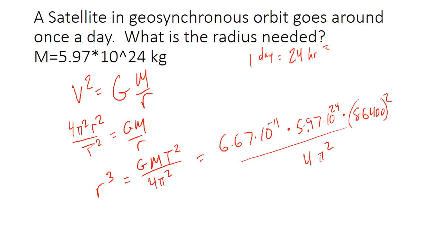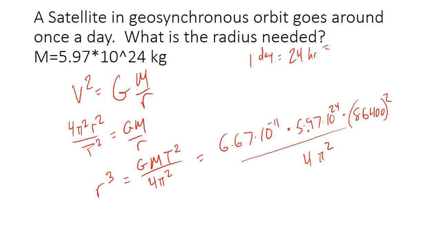Okay, typing the whole thing in now. 6.67 times 10 to the negative 11 times 5.97 times 10 to the 24 times 86,400 squared divided by 4 divided by pi squared is equal to this number, which is a big number, but it's cubed, so you have to do the cube root.